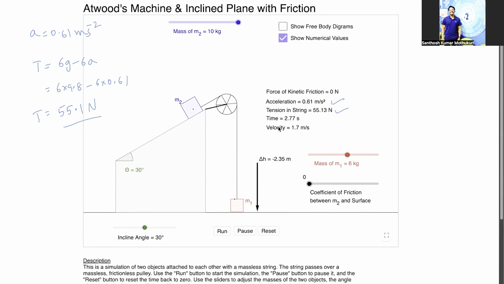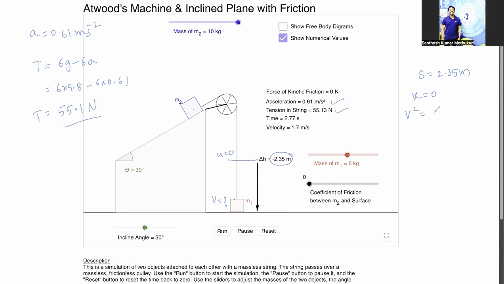If you look at the time and velocity, they can also be calculated, like in the previous video, using equations of motion in a simple way. So let us try that as well. When the body started from here to here, it covered this much distance, 2.35. So displacement is 2.35 meters. In the beginning the body is at rest, so u is equal to 0, and we need to find v.